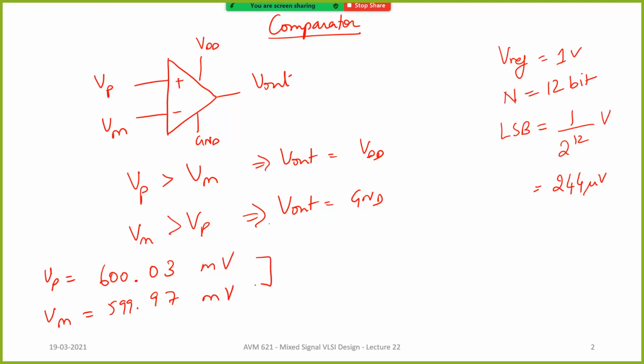What is the difference between these two voltages? 0.06 millivolt, correct. It is 60 microvolt. Now, these are the two inputs. What should the output be? Amplified, VDD, right?